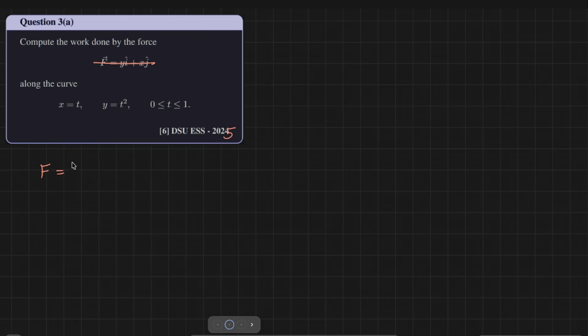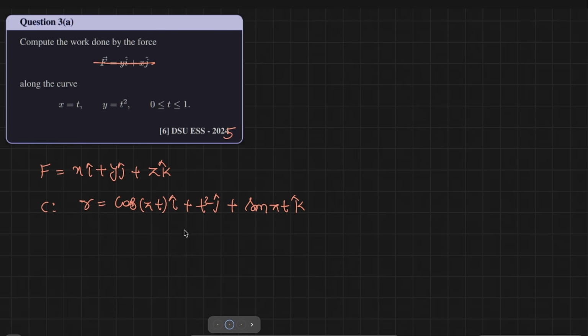The question asked like this: f is equals to x i cap plus y j cap plus z k cap. Along you have to find out the work done along the r is given as cos pi t i cap plus t square j cap and sin pi t k cap. Okay, and where t is in between 0 to 1.